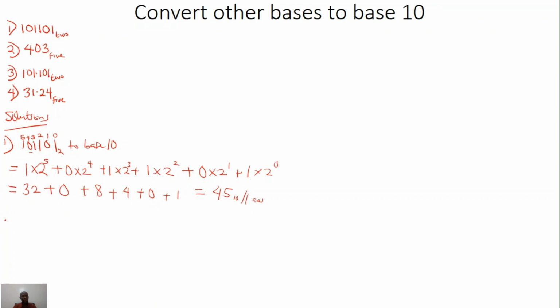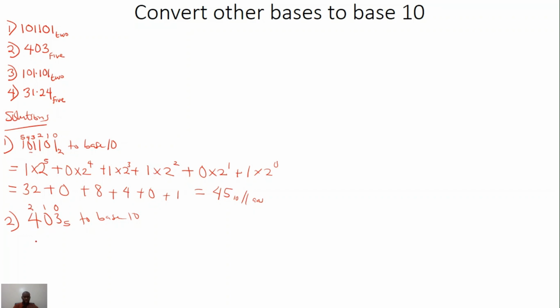Let's look at question number 2. We're asked to convert 403 base 5 to base 10. The first step is to number the digits from 0, starting from the left, 1 and 2.